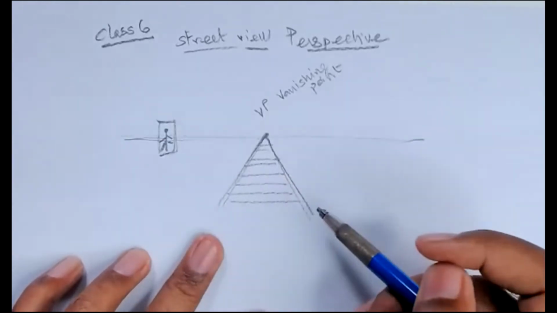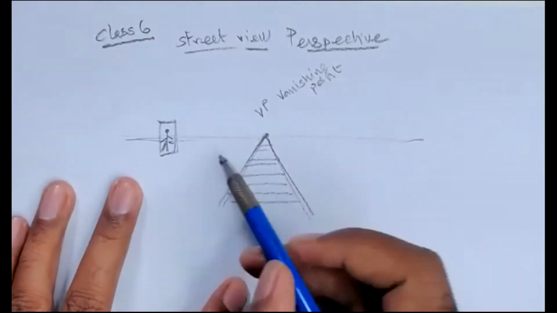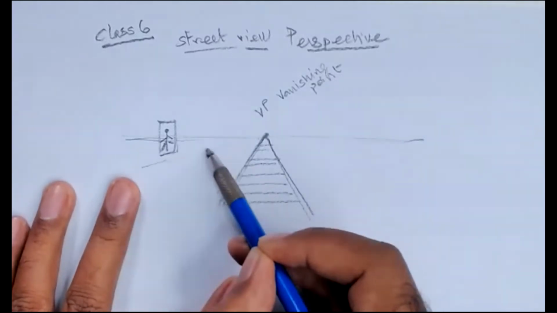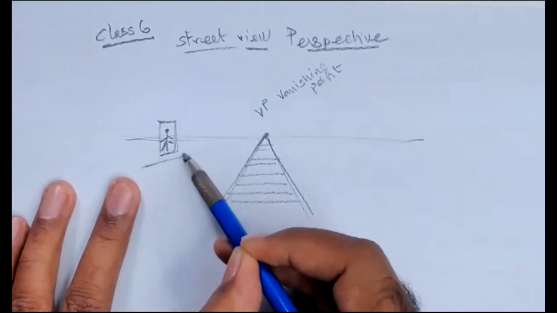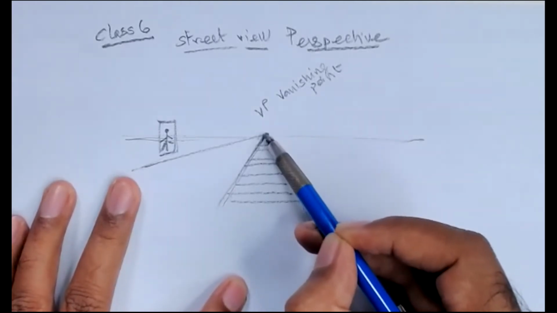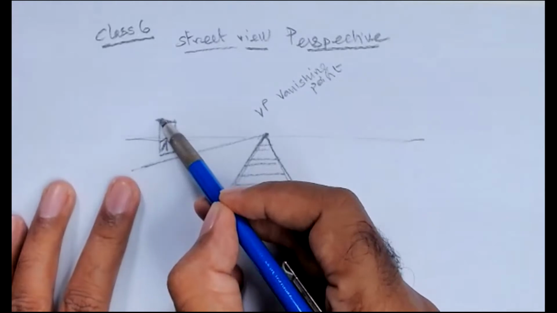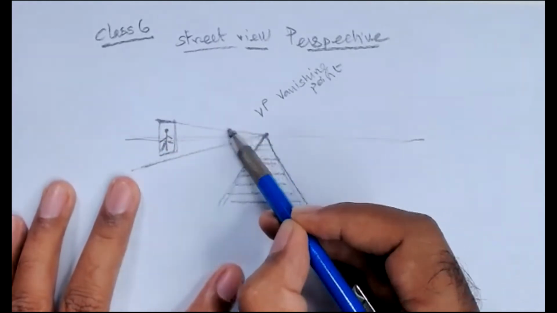With this vanishing point concept, imagine a street of houses: everything will appear to go and vanish at a point. Even this line and this door will try to go and vanish.